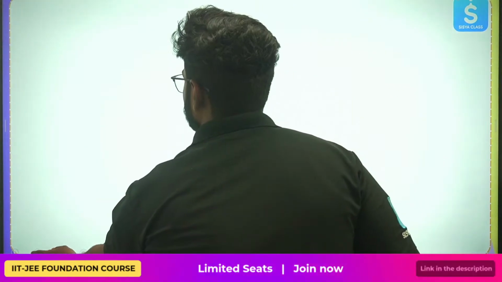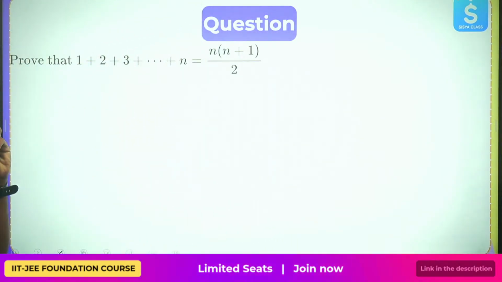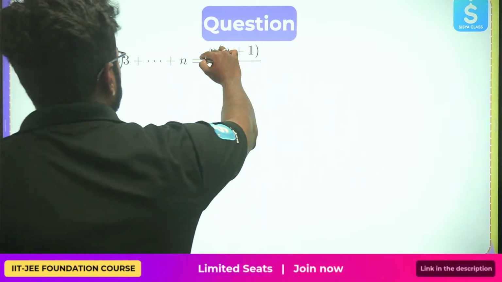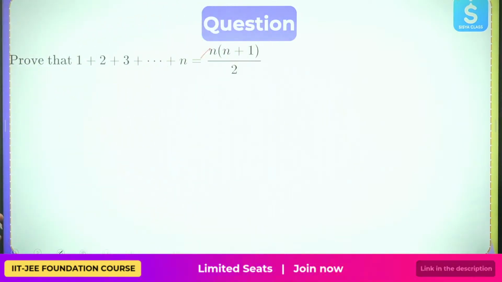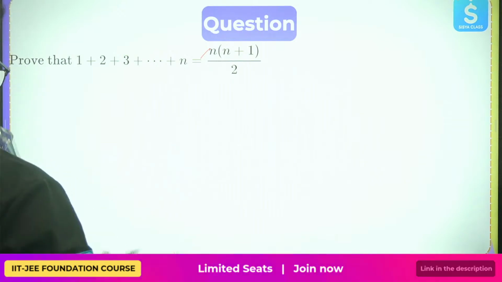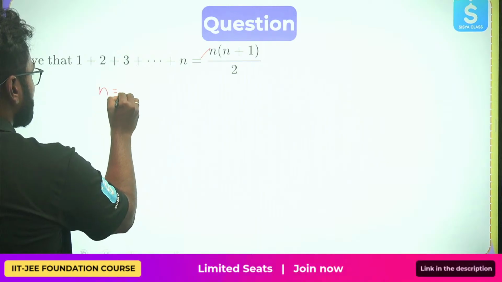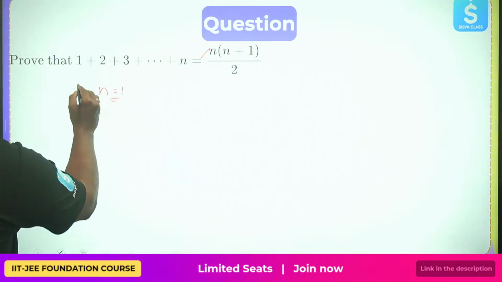Let's continue. Next is 1 plus 2 plus 3 plus so on, n, is equal to n into n plus 1 by 2. How can we solve this? For this, we'll be considering the same. If n equals 1, first case, it is 1 on LHS.